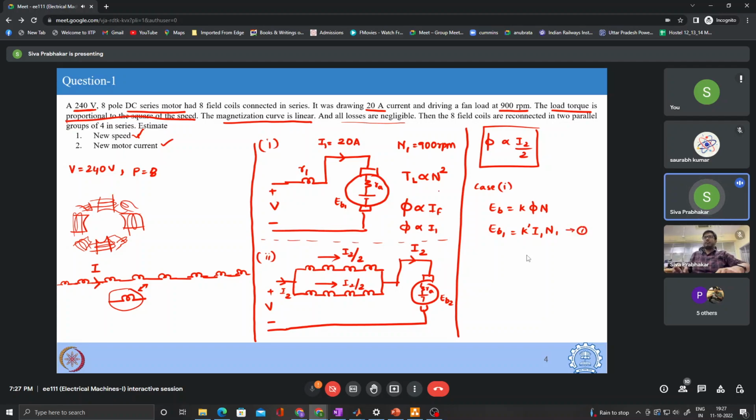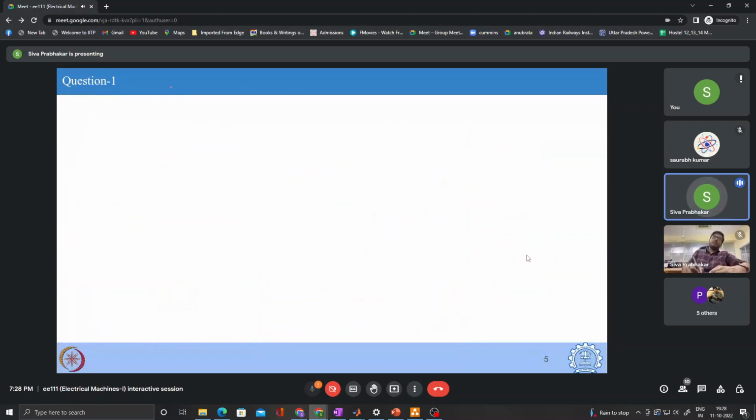And the second equation is for the torque, which is given: torque TL is KT into flux into IA. Here IA and I1 are the same, so you can write it as KT dash into I1 square. These two we can write for case 1, and similarly for case 2 the same equations hold.